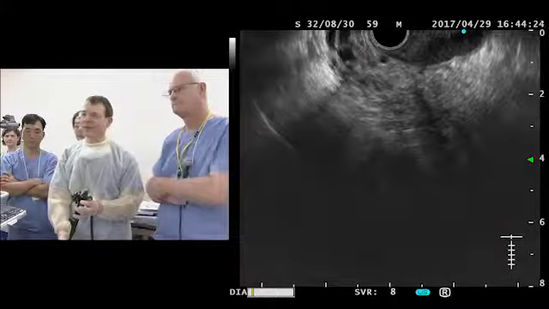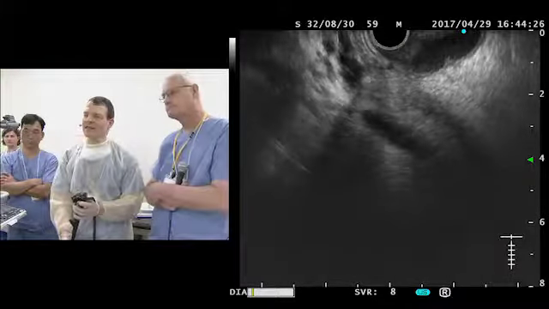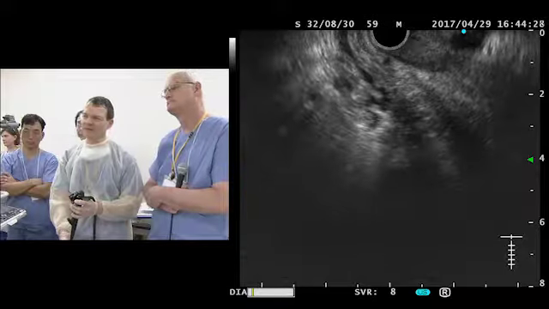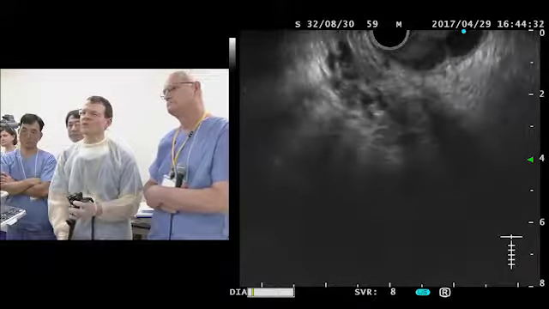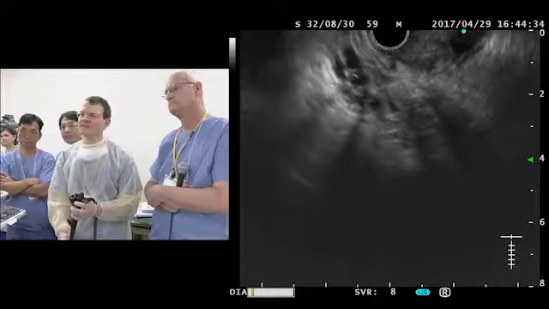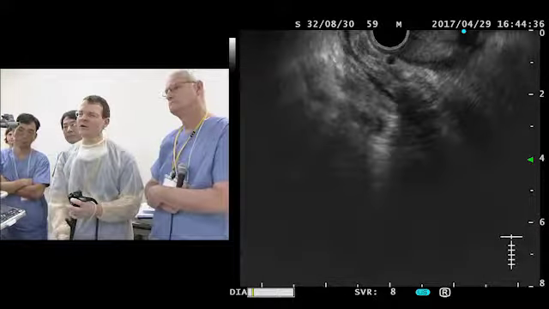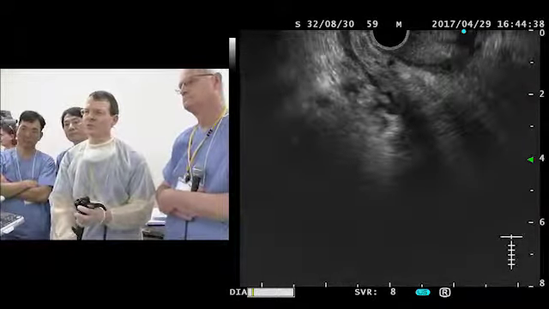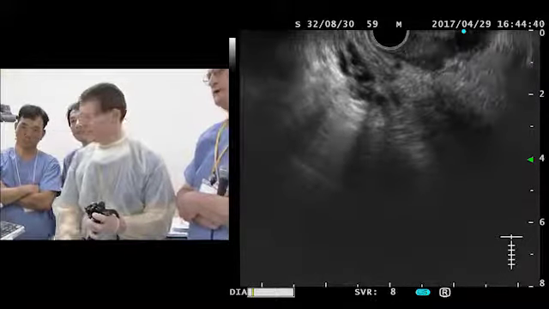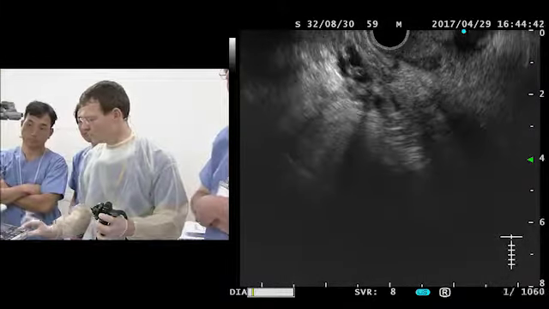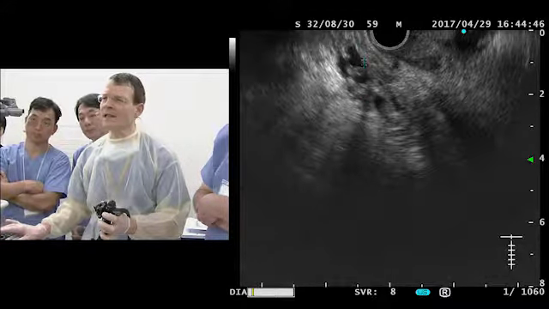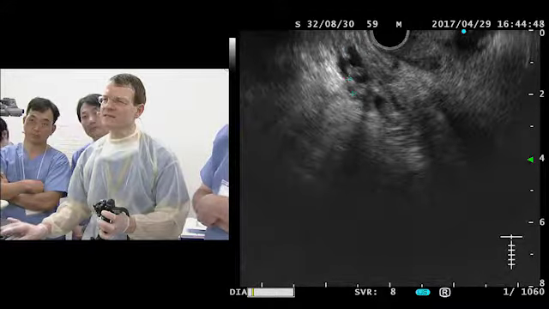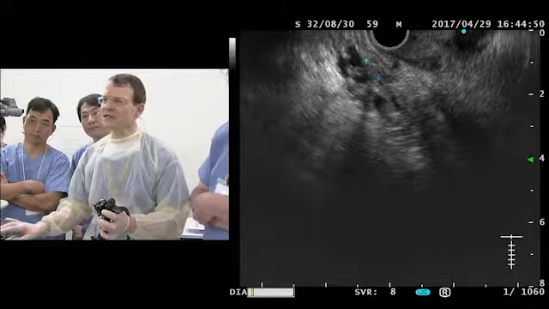So now we are back, and we are now with the endoscope in the apex of the duodenal bulb. And what we want to show you now is this cystic tumor from the duodenum. So you see here very nicely that the lesion is now closer to the duodenal wall. And you see here, this is this cystic lesion.